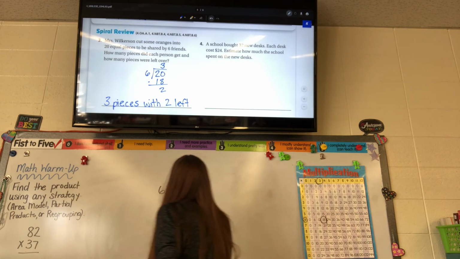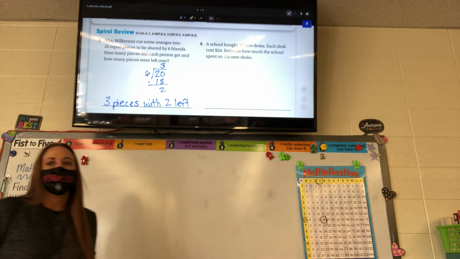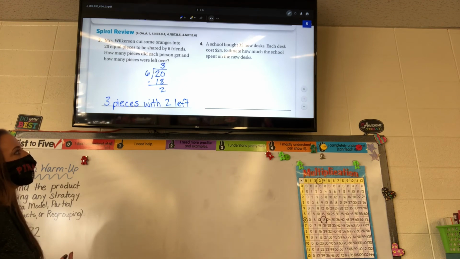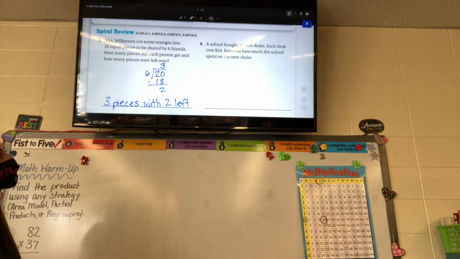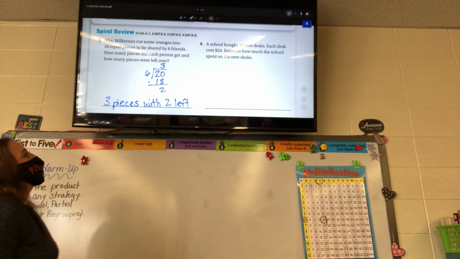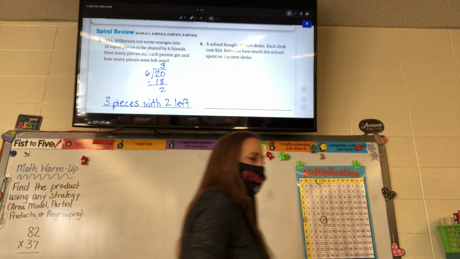Okay, so this next one says, a school bought 32 new desks. Each desk cost $24. Estimate how much the school spent on new desks.